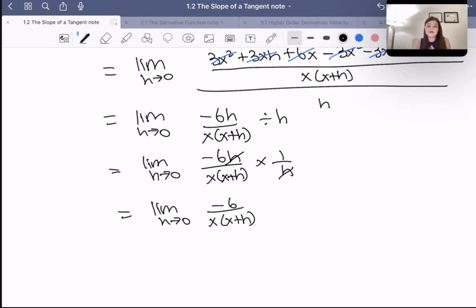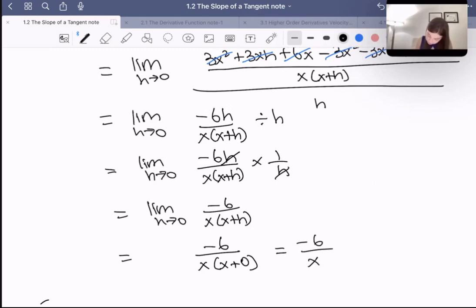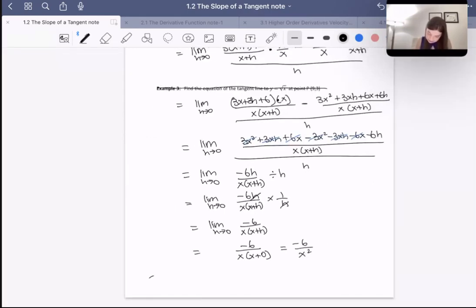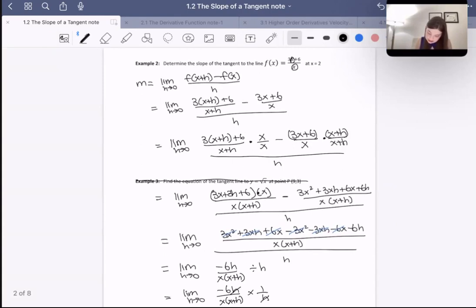And now we do have the ability to plug in that 0, because we're no longer going to have 0 as our denominator. We are now going to have negative 6 over x plus 0, which is negative 6 over x squared. And so there we go, there is our answer.